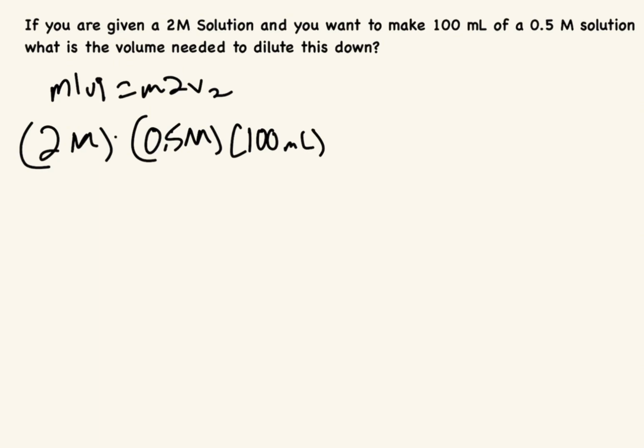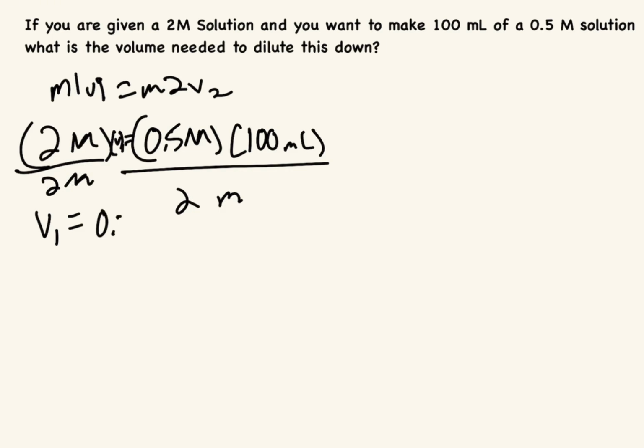And then in the middle, we'll have V1 equals. So therefore, we're trying to find V1. And to set this problem up, we'd simply divide 2M to the right side, giving us 0.5 M times 100 milliliters over 2 molar. That's going to give us 0.25 milliliters.